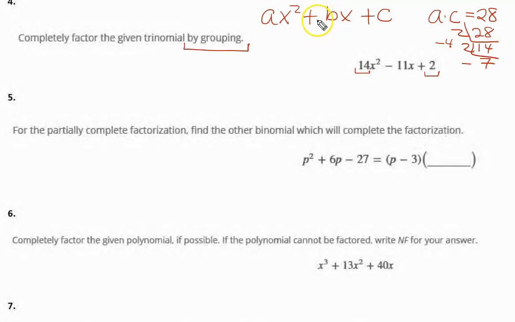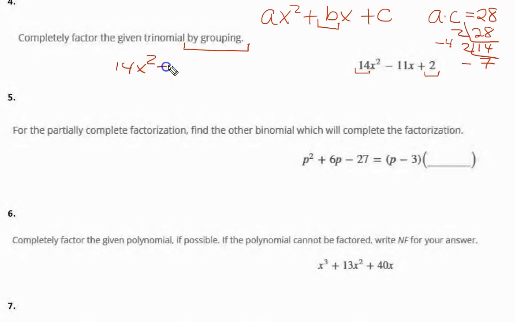So now we're going to take our B term here and replace it with these factors, as we showed in the flipped classroom video. So 14x squared stays the same.